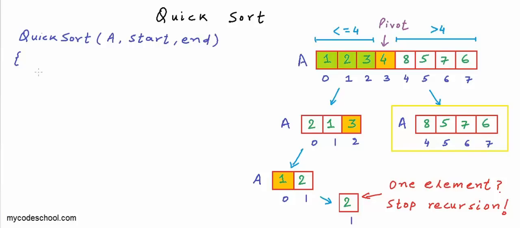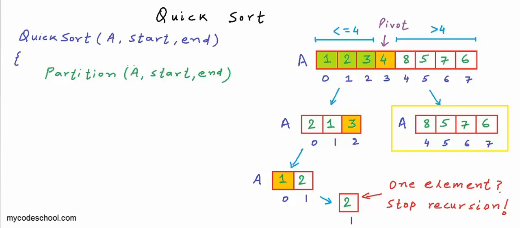Now in this function, first we will make a call to partition the array, and to partition also we will pass the array, the start index and the end index, to tell that you need to work only on this segment.